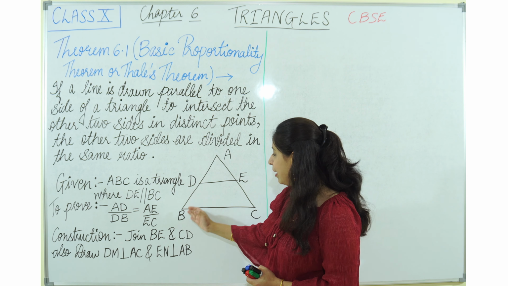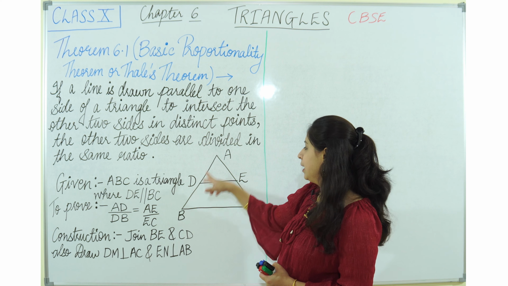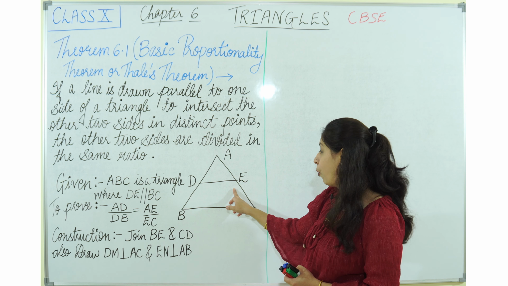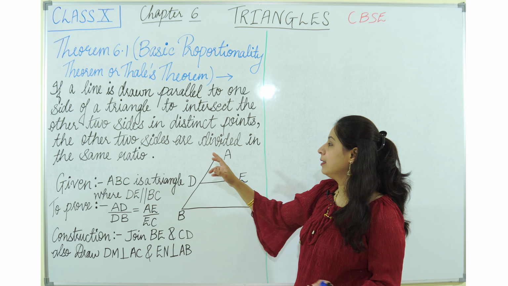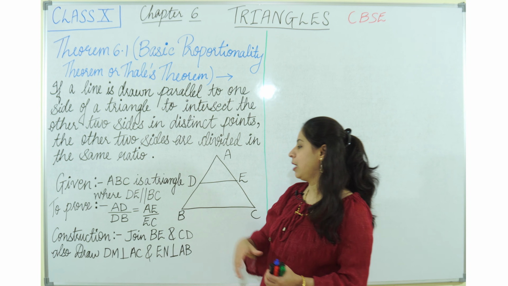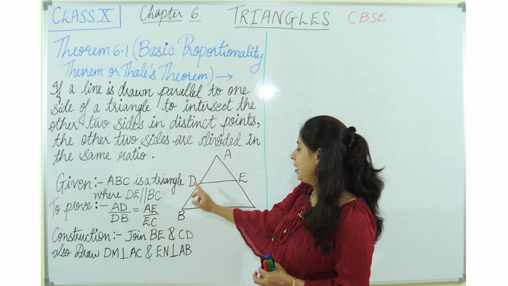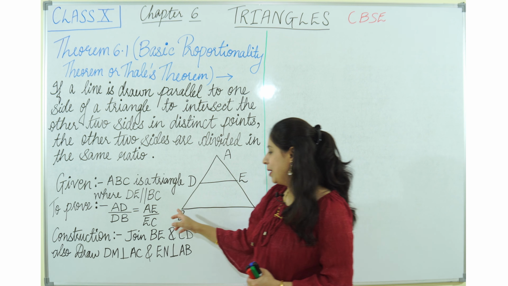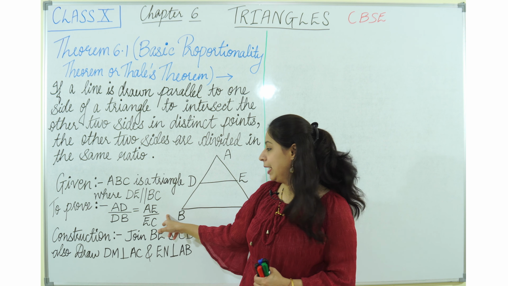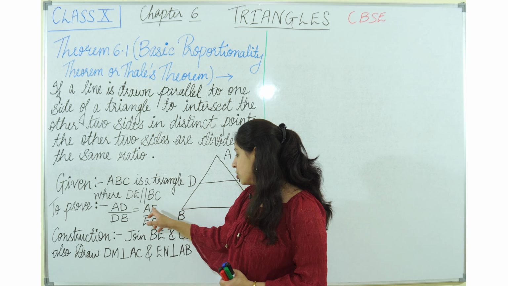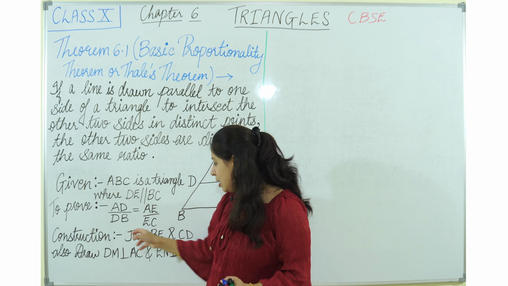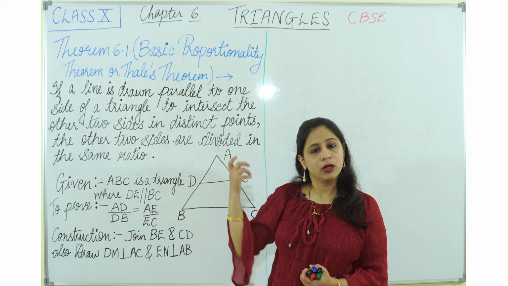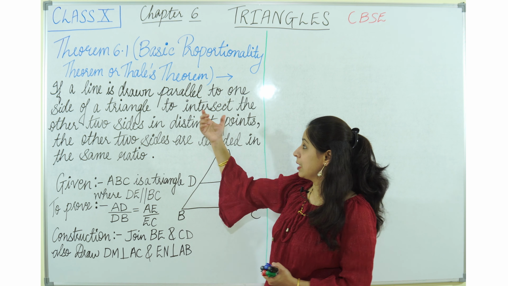For the side AB, the intersecting point is D, and for the side AC, the intersecting point is E. They are divided in the same ratio, that means AD upon DB is equal to AE upon EC. So basically we have to prove AD upon DB is equal to AE upon EC. This satisfies the statement of Theorem 6.1.